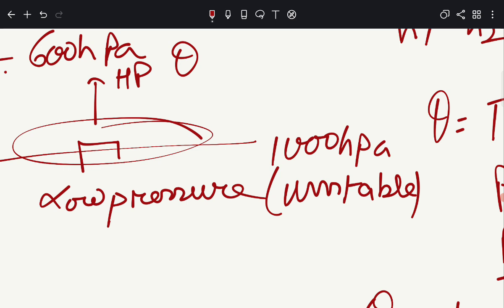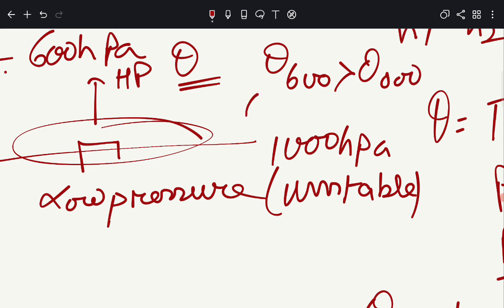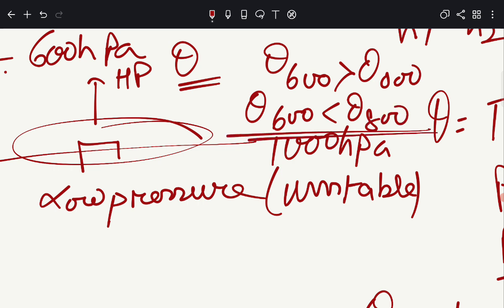In the normal condition, what happens? This will be greater than T, or if we are considering two levels particularly, theta 600 will be greater than theta 800. But here the things are different. Theta 600 is less than theta 800, and that causes an unstable condition.